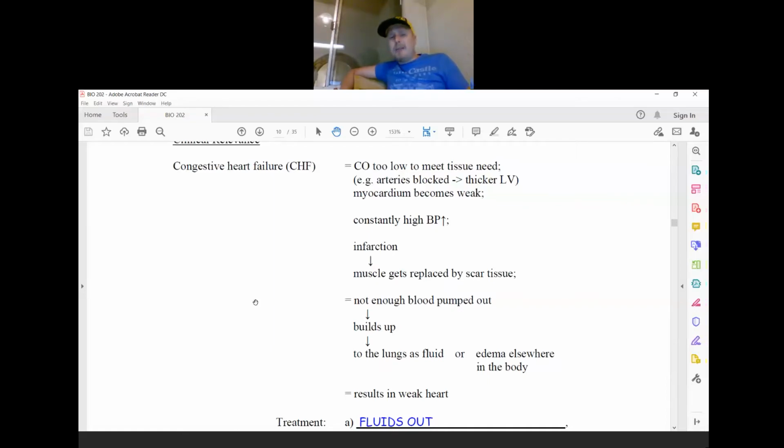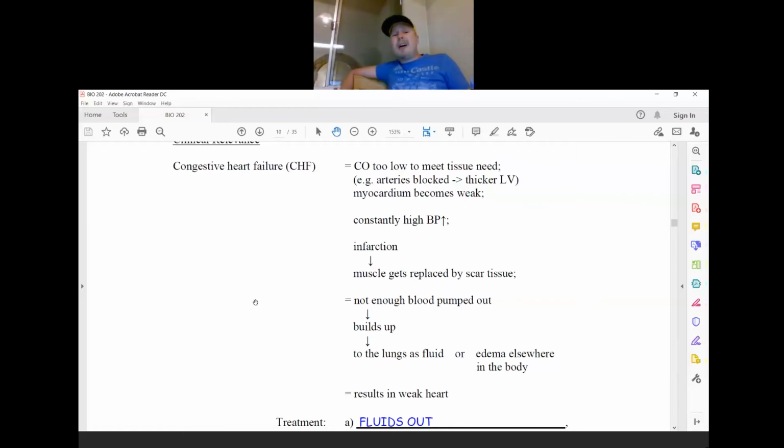A lot of the muscle might have been scarred, so it's not functioning as well. So we end up not pumping enough blood out of the heart. So the blood ends up building up before the heart, and it can end up filling the lungs or causing an edema somewhere else in the body.